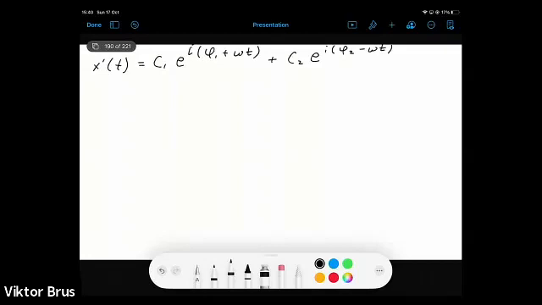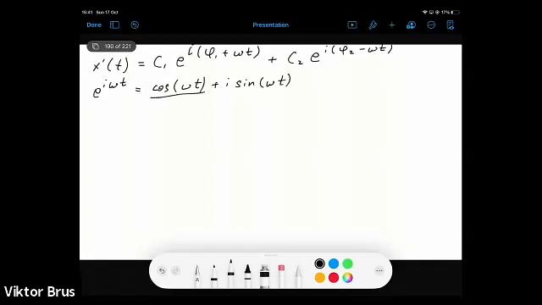Okay, so now we apply Euler's formula. Let me write it down again so we have it in front of us. e to the power of iωt will be equal to cosine ωt plus i times sine ωt.